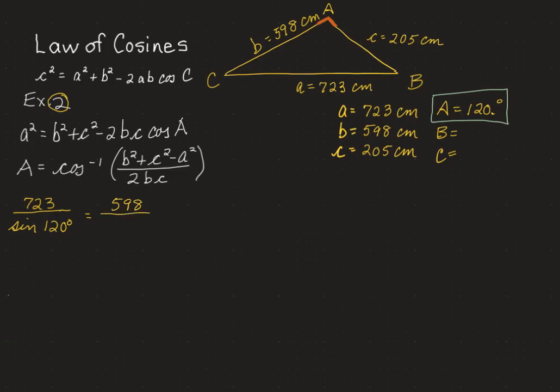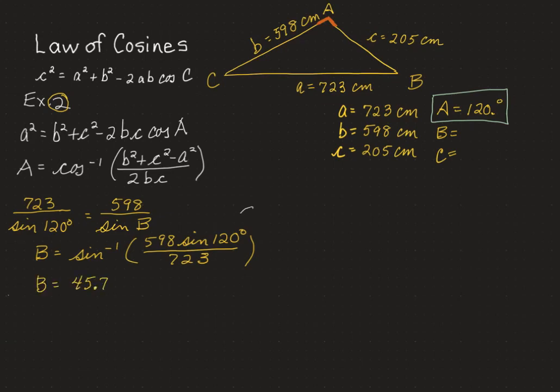598 over the sine of angle B. Cross multiply and solve, remembering to scroll back up on your calculator to find the unrounded form of 120. And you should come out with 45.7 degrees. And finally, to find angle C, we will do this subtraction.